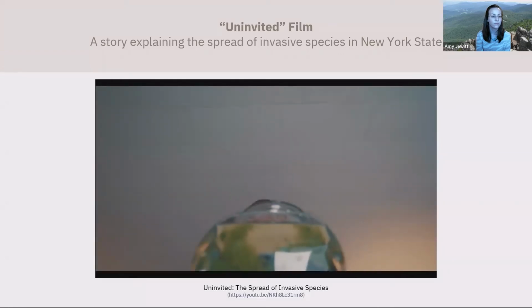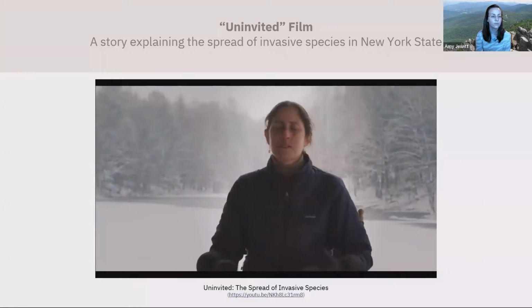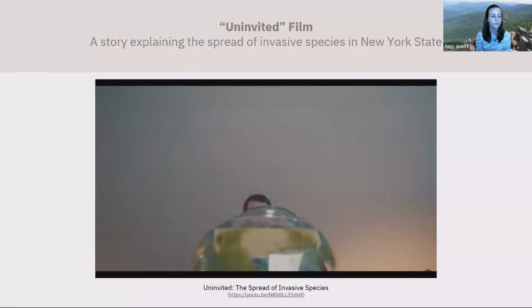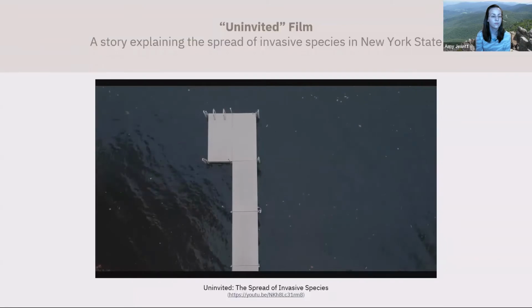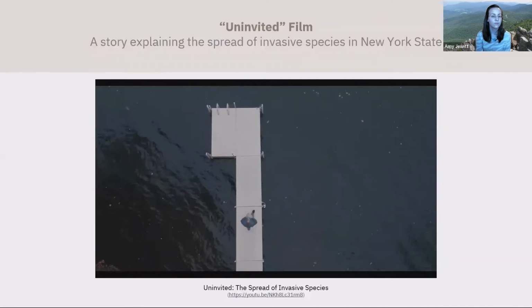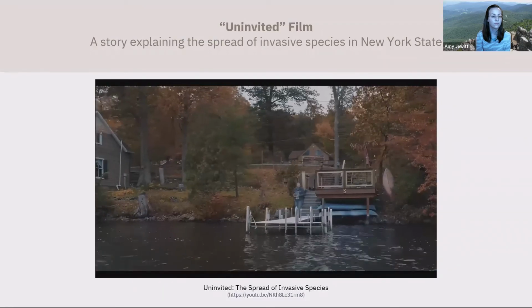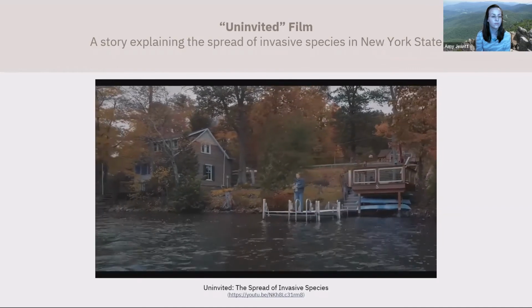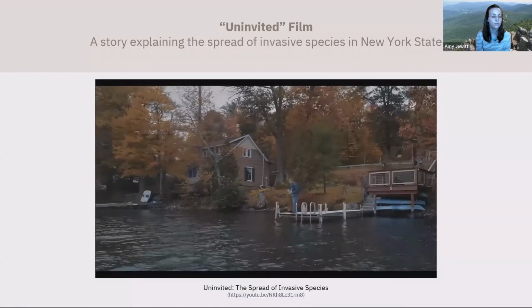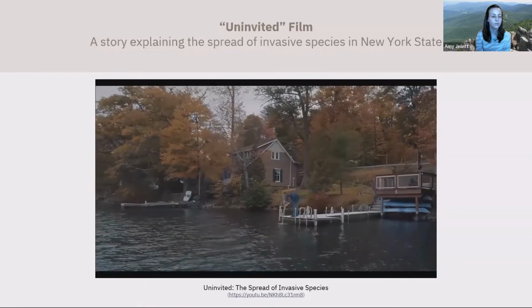But what happens when you can no longer take care of it or you need to move? In many cases, a lot of times these get dumped into a local water body. Now you've introduced a new fish species or a new plant species that can easily take over because that lake or that water body is not adapted to that new species.